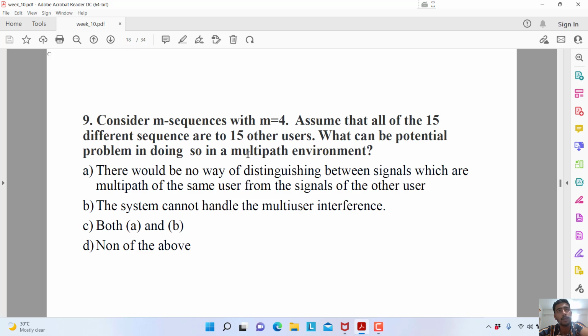And this is the case of the multipath environment. Again, consider M sequences with M equal to 4, with all 15 different sequences assigned to 15 other users. What can be a potential problem in a multipath environment?